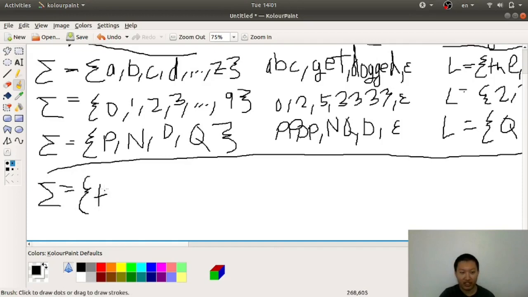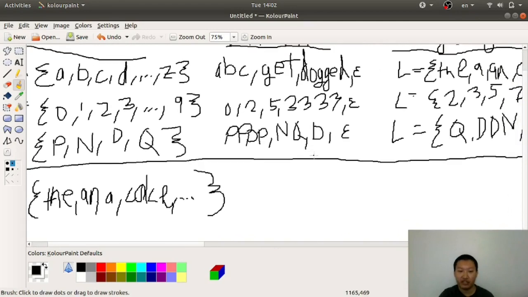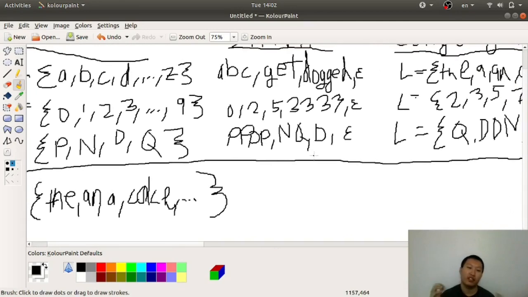So that'll be like the, and, a, cake, etc. It's going to be a very big alphabet. We're going to assume there's a finite number of words. And the strings in our language are just going to be all ways of putting these words together.